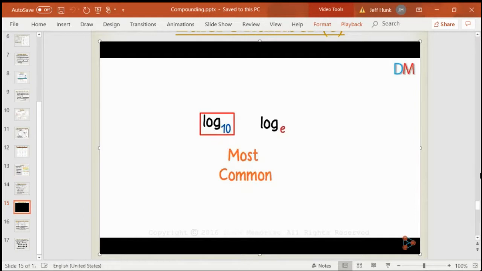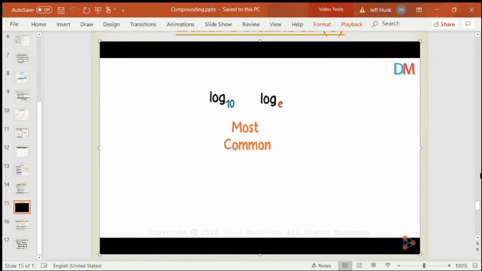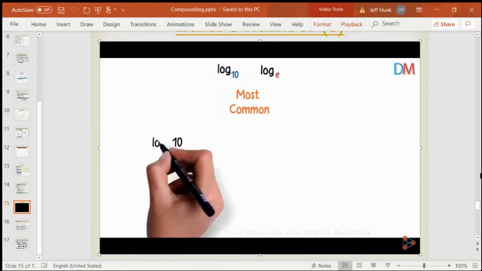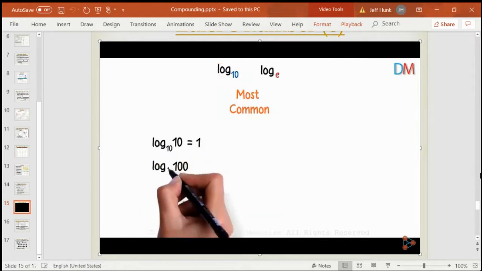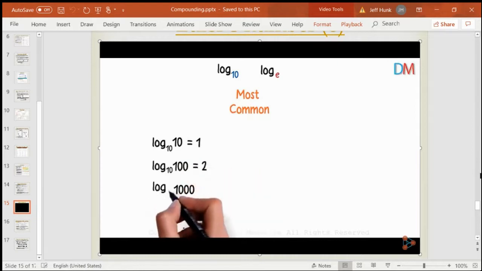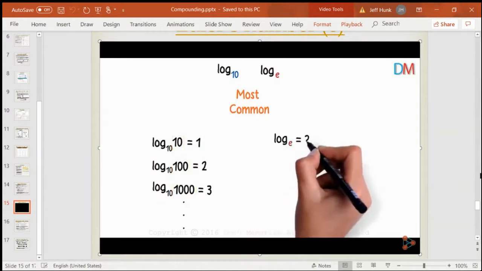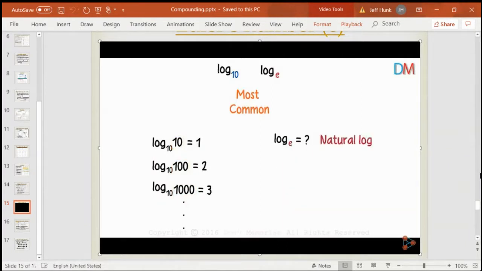Log to the base 10, log 100 to the base 10 is 2. 1000 to the base 10 is 3. What does this mean?